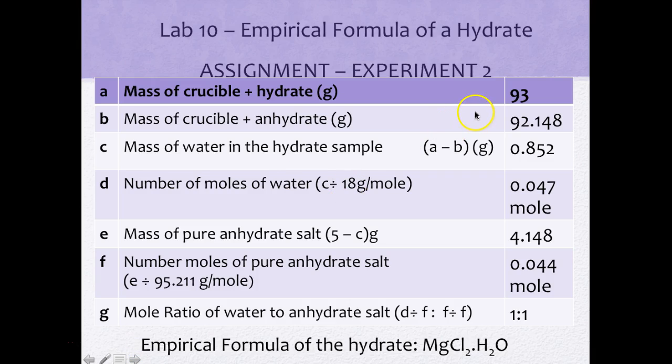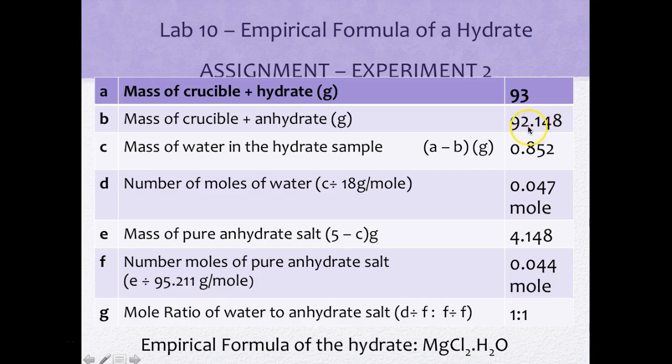Again, the mass of the crucible is 88. Then once you add 5 grams of the magnesium chloride hydrate, it goes up to 93. Once you heat it, all of the water is driven out and you get the crucible plus anhydrate.